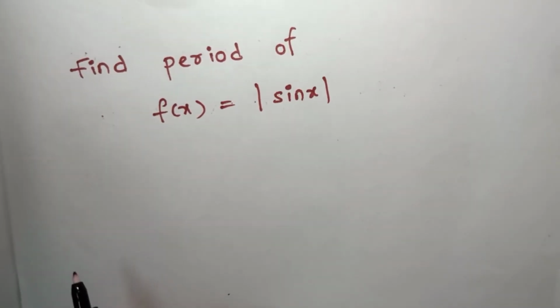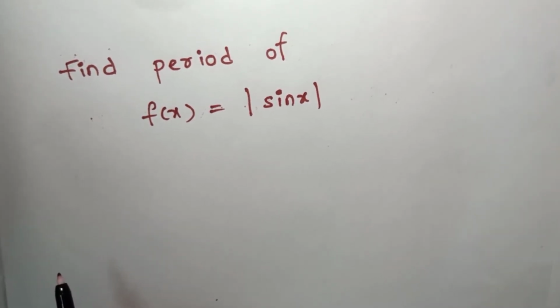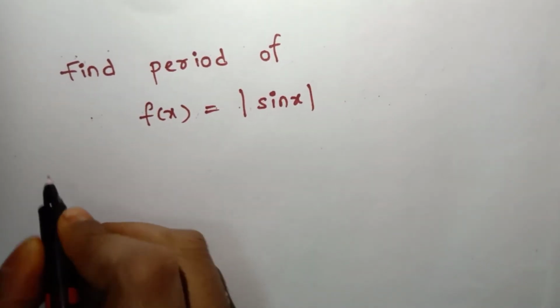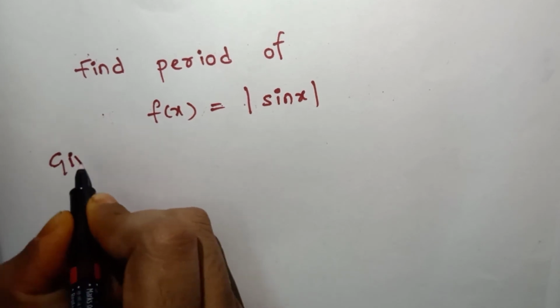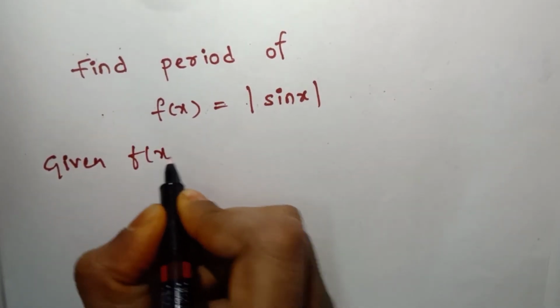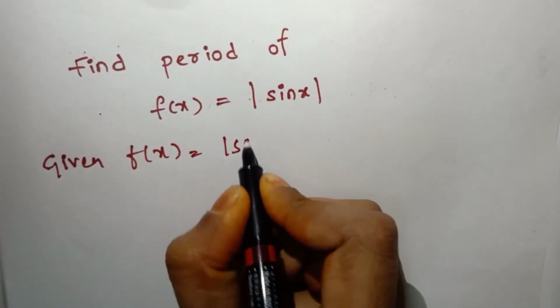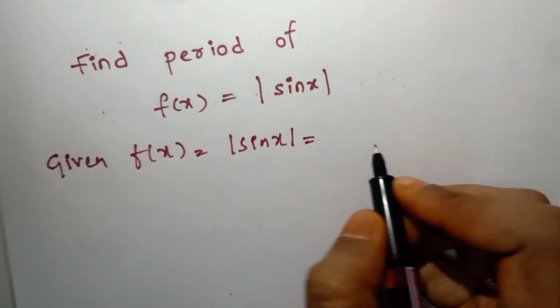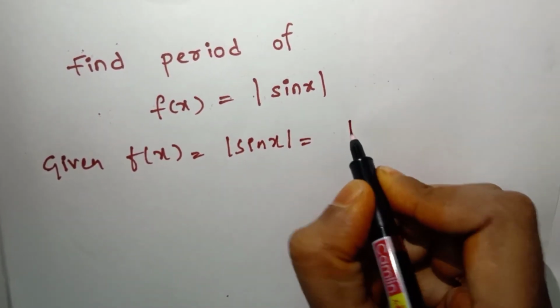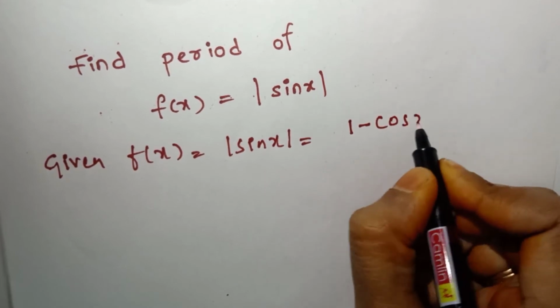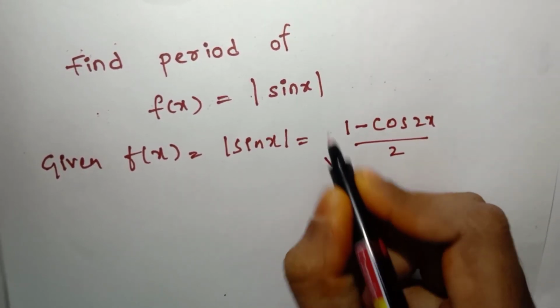Next question is find the period of f(x) = |sin x|. Given f(x) = |sin x|, we know the formula |sin x| is equal to the square root of (1 − cos 2x)/2.